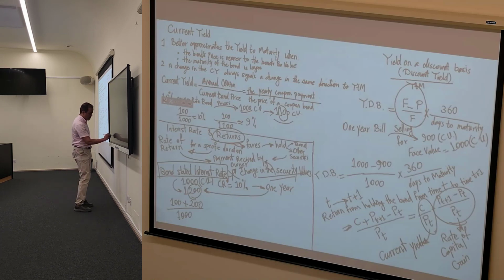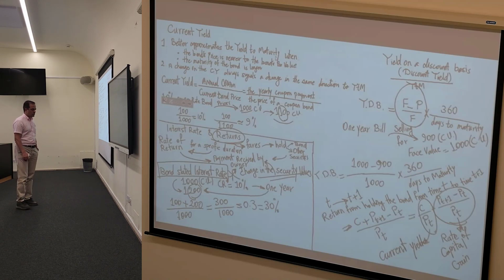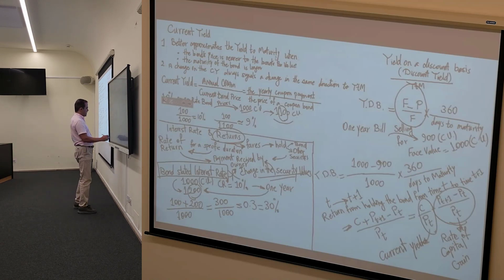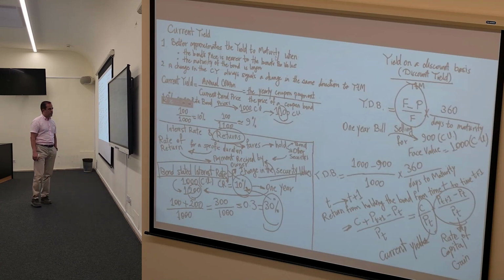So it will be 300 over 1,000, which is 30%, that is much higher than the bond's stated interest rate. We have here the 30% and here the 10% for this example.